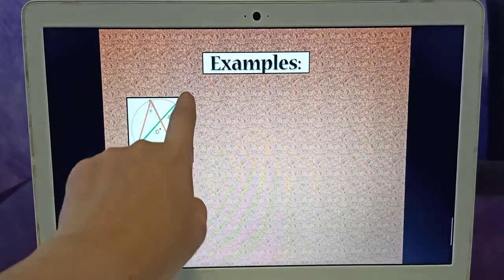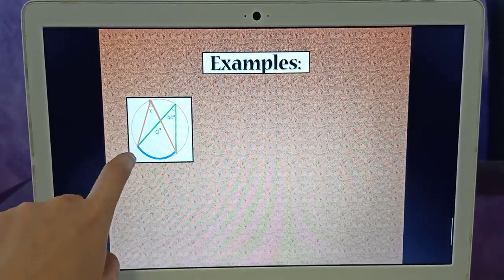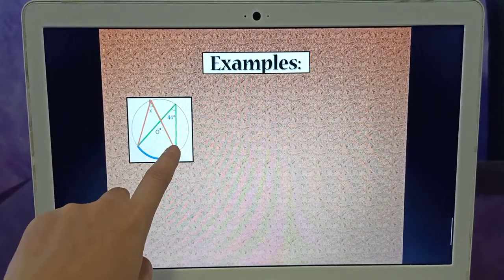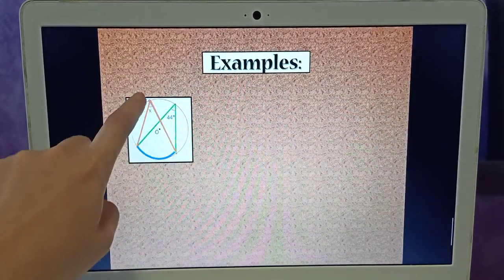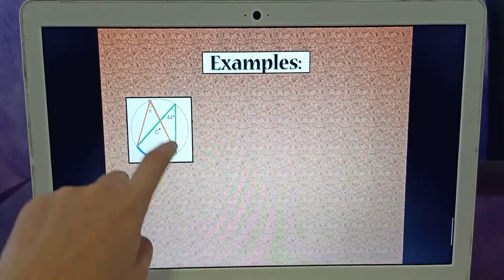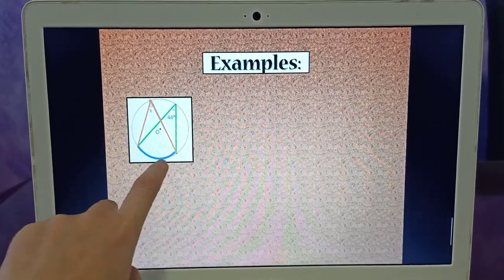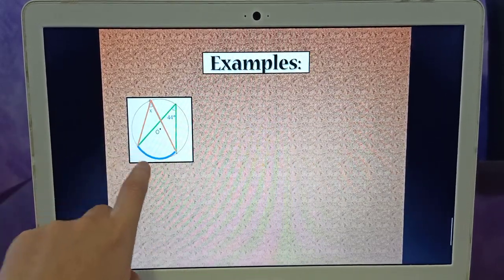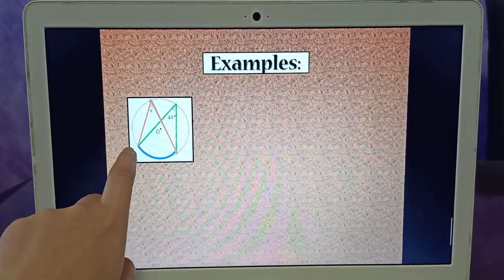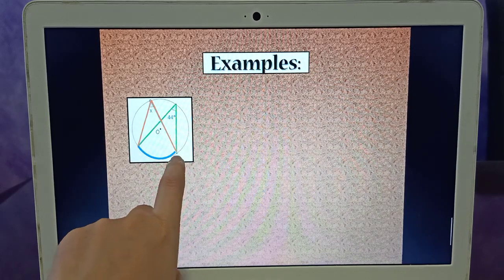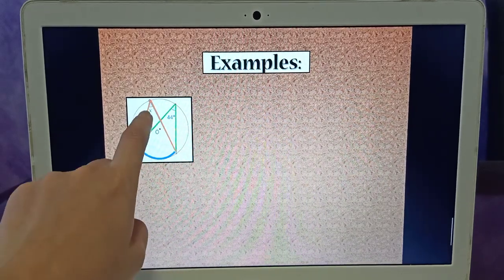So you see they have this common arc here. The green chords have the blue arc, and the orange chords also have the blue arc. So they are sharing the same arc. So what can we say about x?